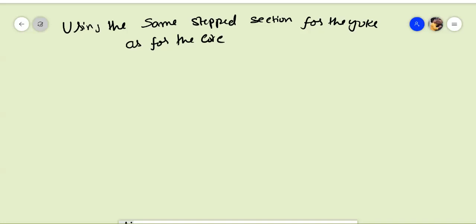So the sections are the same for the yoke and the core, so we can take the same dimensions here.